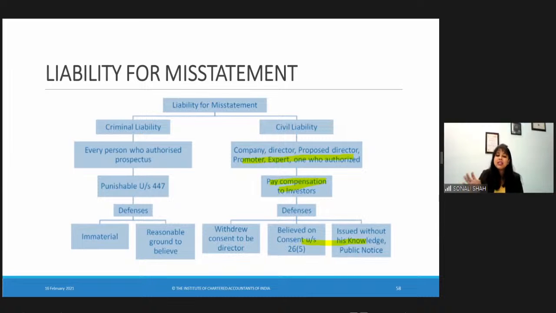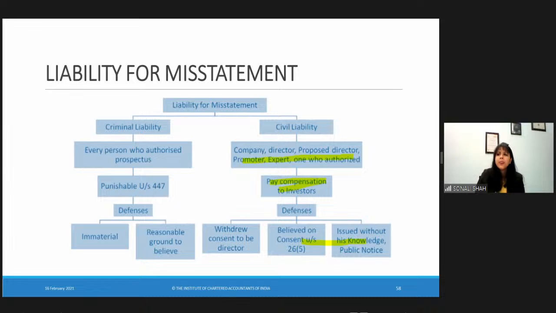With the Satyam scam, the Sahara scam, and even the Nirav Modi and Mehul Choksi scams, we have seen that such kinds of scams can affect the public at large. So whenever the offense is criminal in nature and can affect society at large, you will always see a criminal liability. Let's say the offense of murdering someone. It is such a grave offense that it affects society at large.